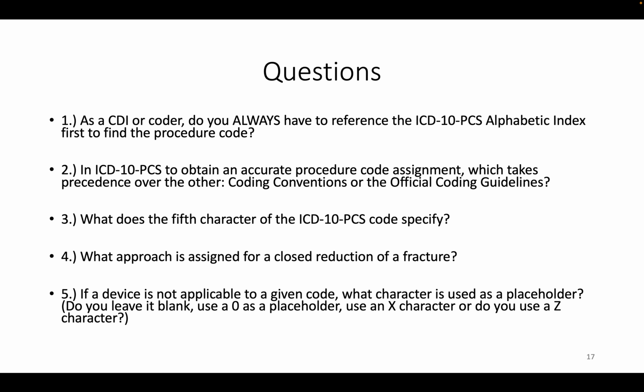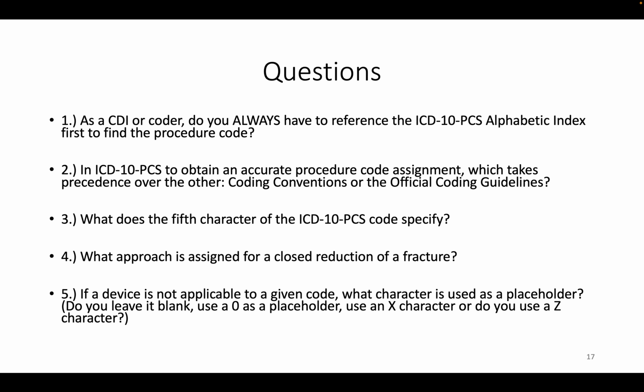Remember, the conventions are the instructions. The ICD-10-PCS coding guidelines provide additional information. So the guidelines provide additional. The conventions of the coding system are the basis for all coding decisions, followed by the guidelines and any guidance published in the Coding Clinic.